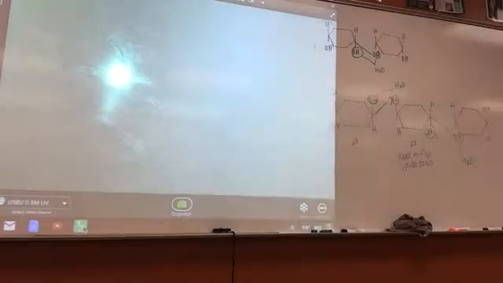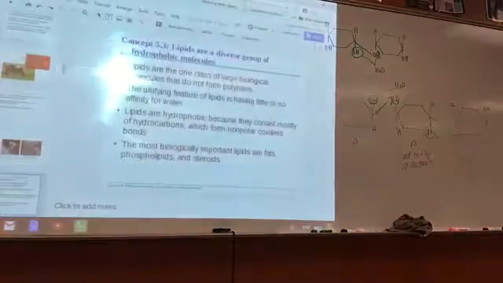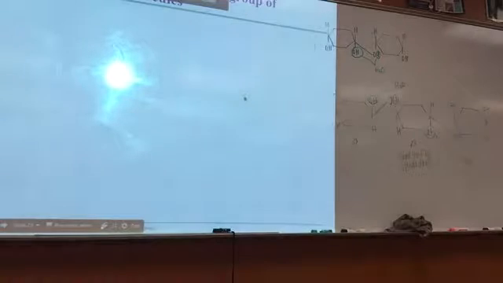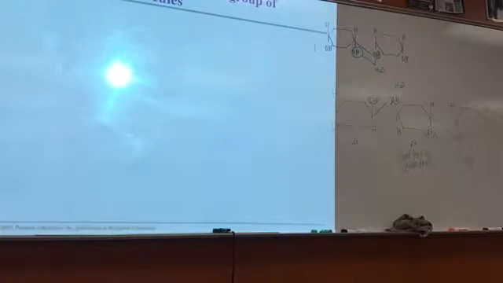Alright, so let's look at lipids. Lipids are our next macromolecule. And notice it says a diverse group of hydrophobic molecules.